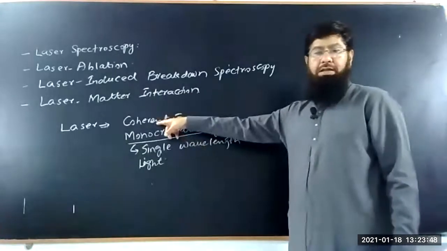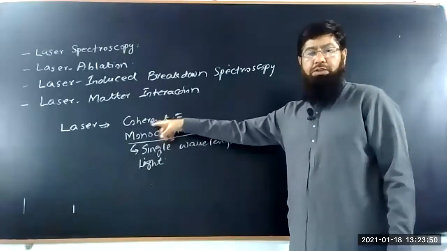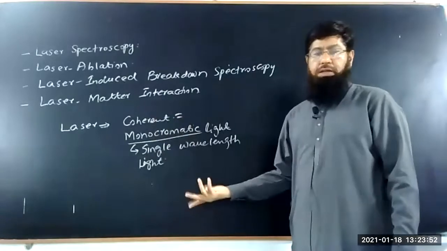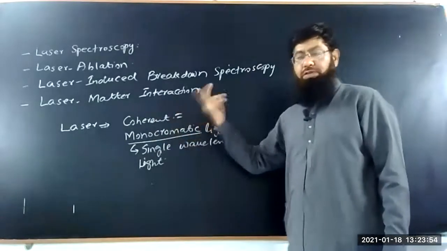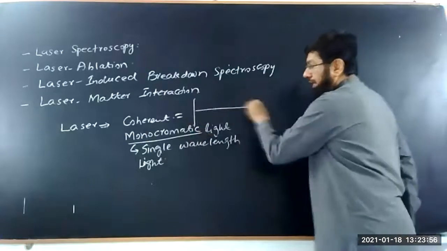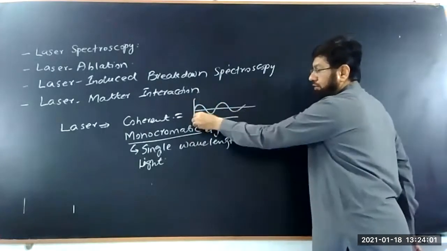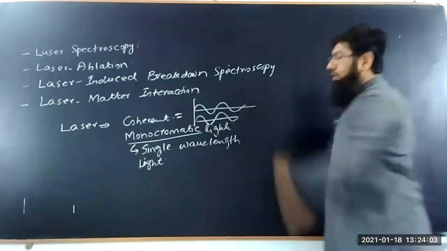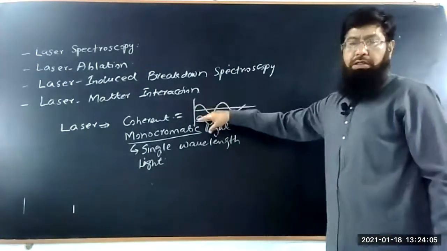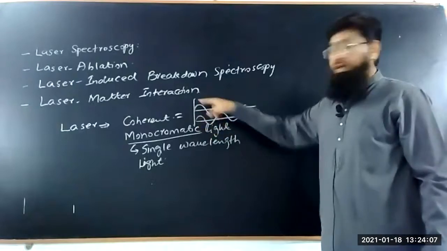Coherent means the phase difference between two waves is zero. It means the phase of both waves is the same: if one wave starts from zero, the second wave will also start from zero. So when they superimpose, they interfere constructively.